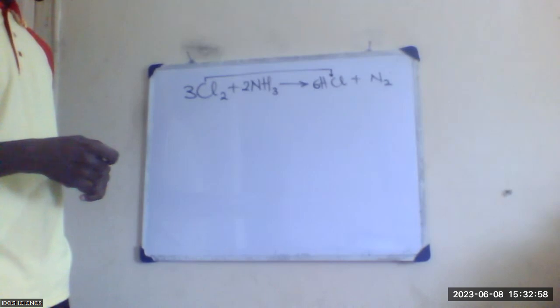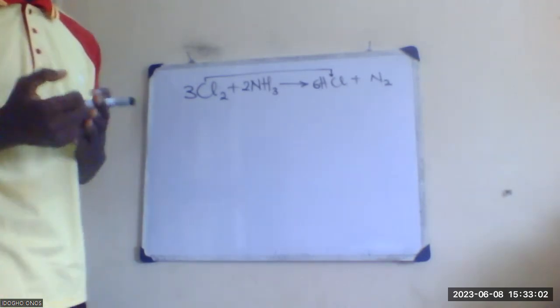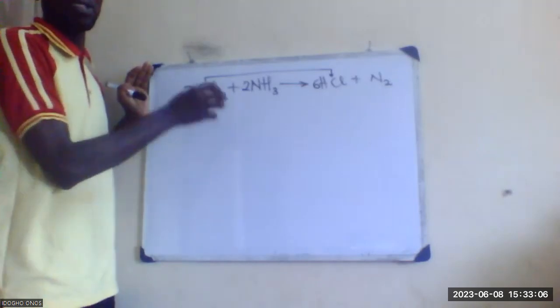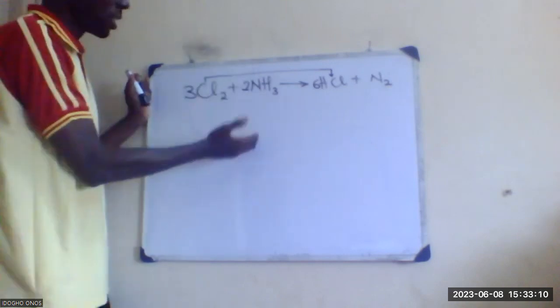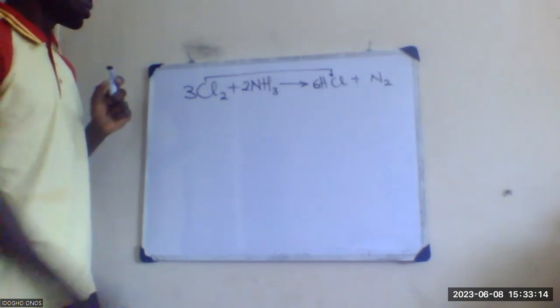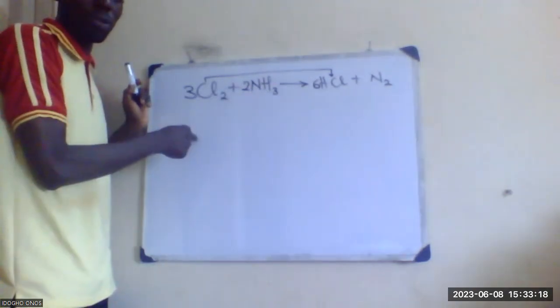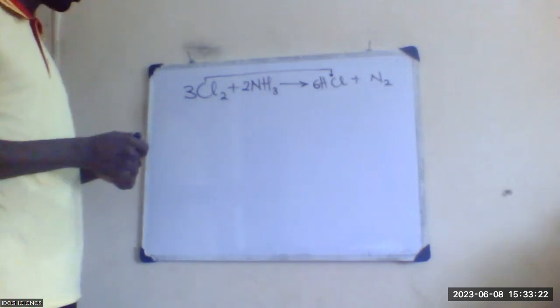If you say oxidation, that would be wrong, because addition of hydrogen is reduction. If it was oxygen, it would have been oxidation. So the addition of hydrogen is reduction, while the removal of hydrogen is oxidation.